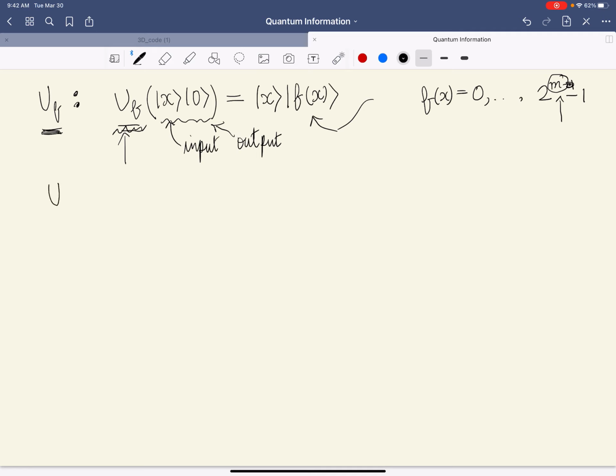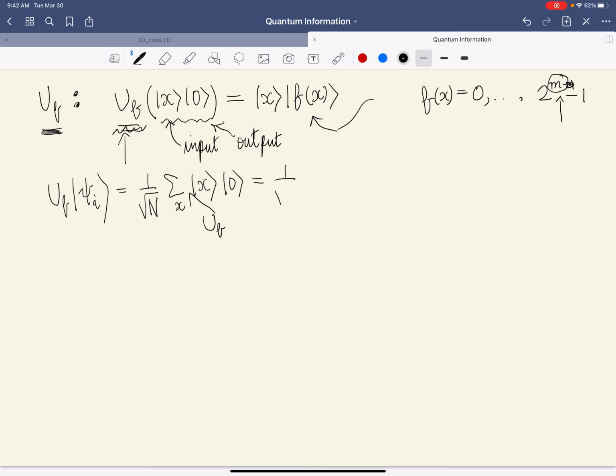Okay, then if I apply such an operation to the initial state that I have just written down, then by the idea of a superposition, I should insert UF here.